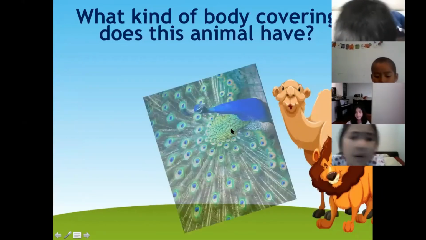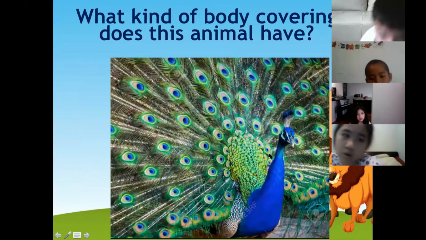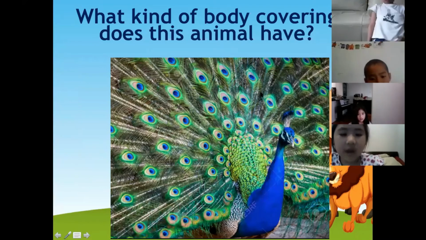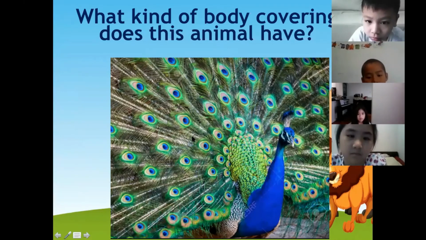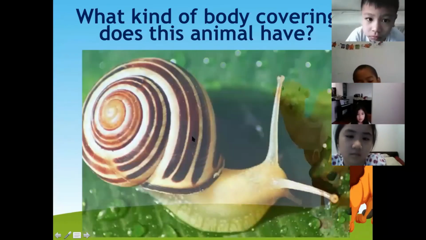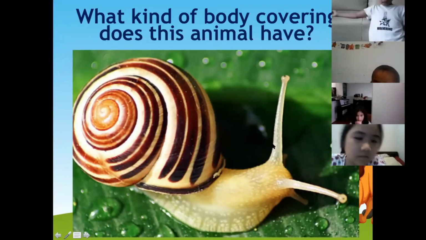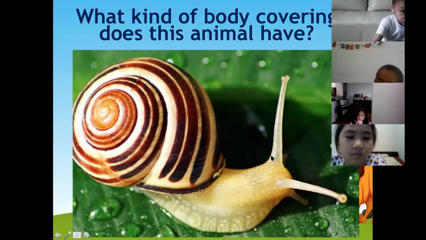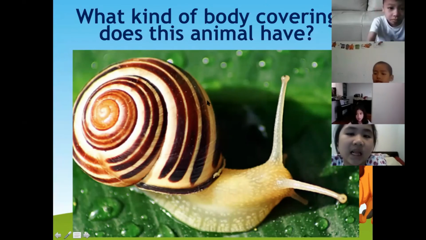Scales. And this one? Ready, set, go. Excellent job. And this one, what is this? Body covering. 1, 2, 3. Great job. It's a shell.